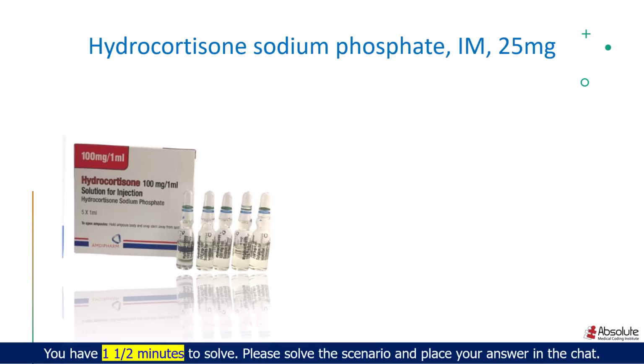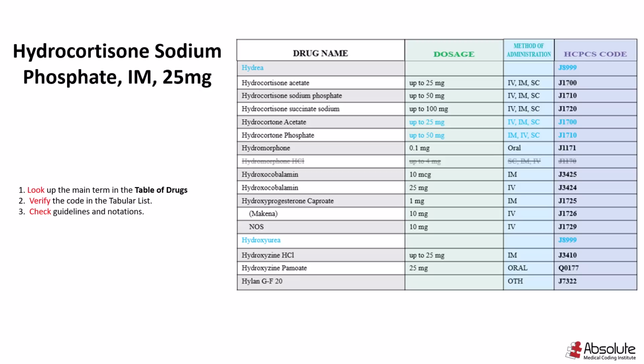And you all are spot on with this scenario as well. And what is going to be our main term? You have to search for your main term in the table of drugs.